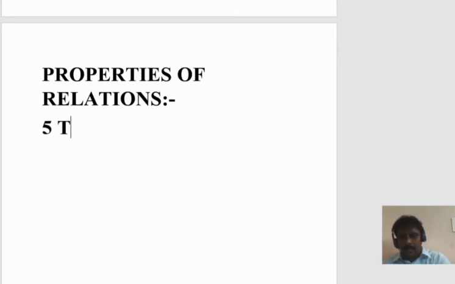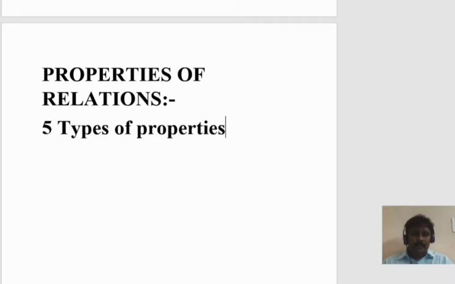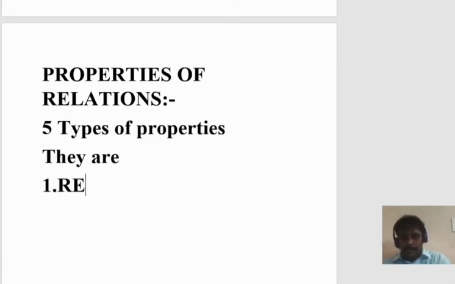There are 5 types of properties. They are, number one is reflexive property.